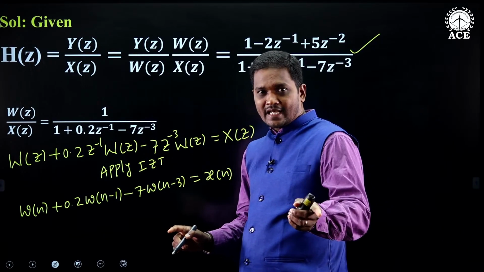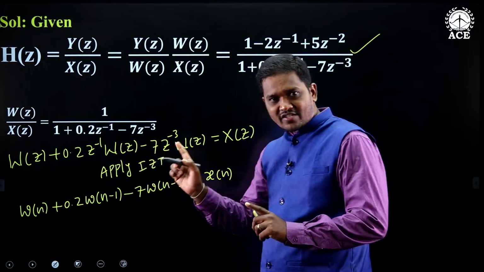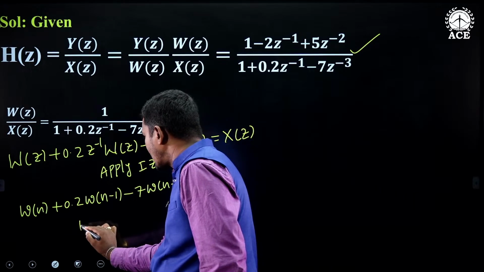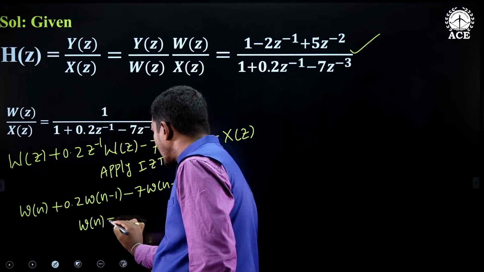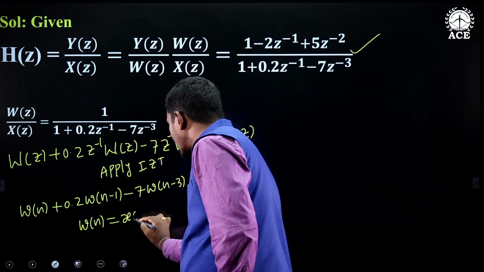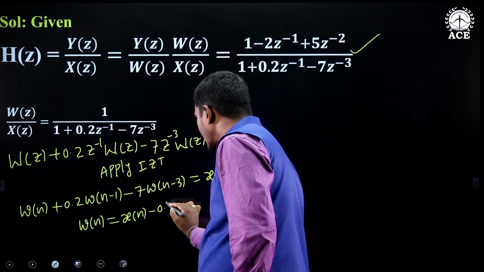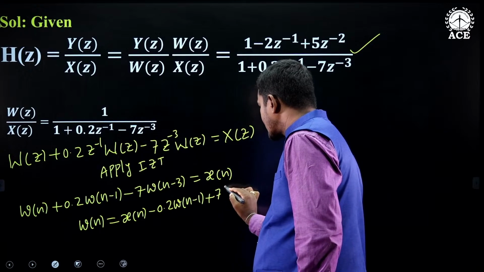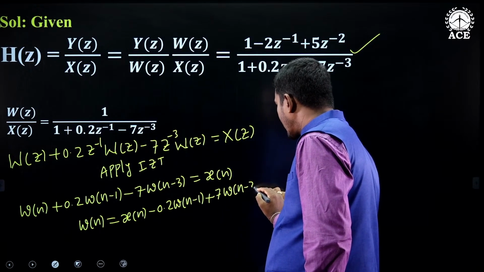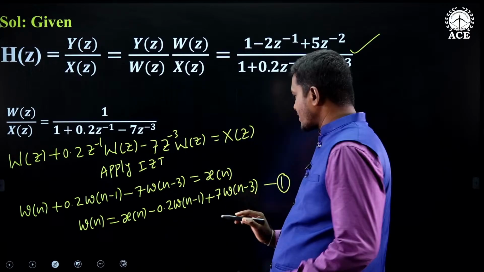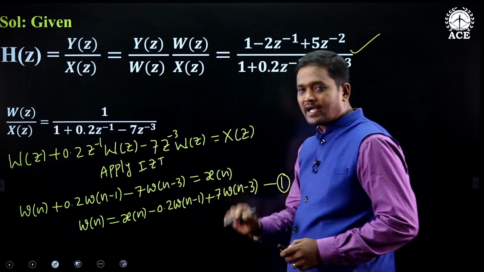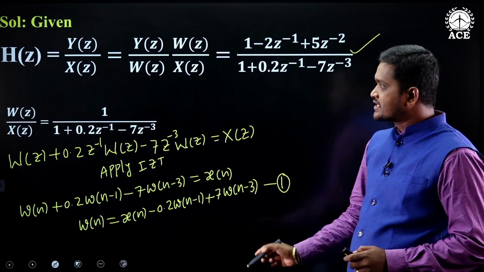W of n should be on the LHS, and on the RHS first write the x terms, after that write the remaining w terms. So W of n equals X of n minus 0.2 W of n minus 1 plus 7 W of n minus 3. This is my first equation. Understood? LHS W of n, on the RHS first the x terms and then the remaining w terms.